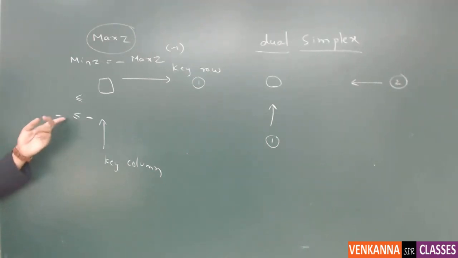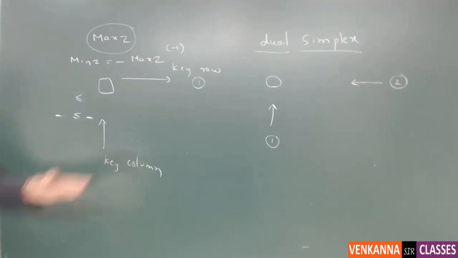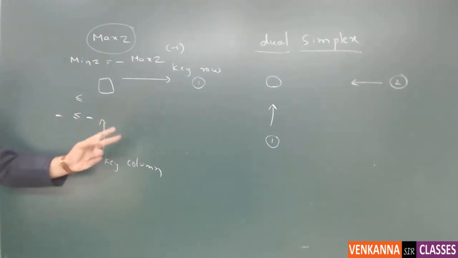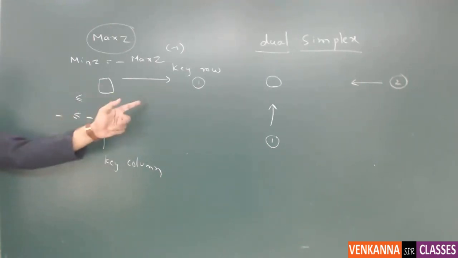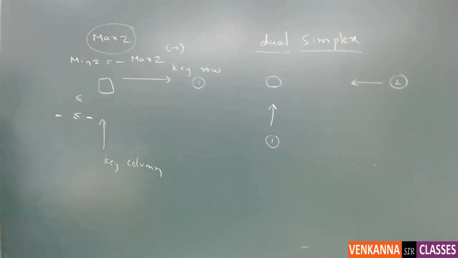Whenever there is a greater than or equal to inequality, we multiply both sides with minus and convert it into less than or equal to. And what is the third step? Since in the ordinary method we select the key column first, here we do the reverse. We select the key row first, then we select the key column. That is the whole strategy. Fine. Is the methodology clear or not?